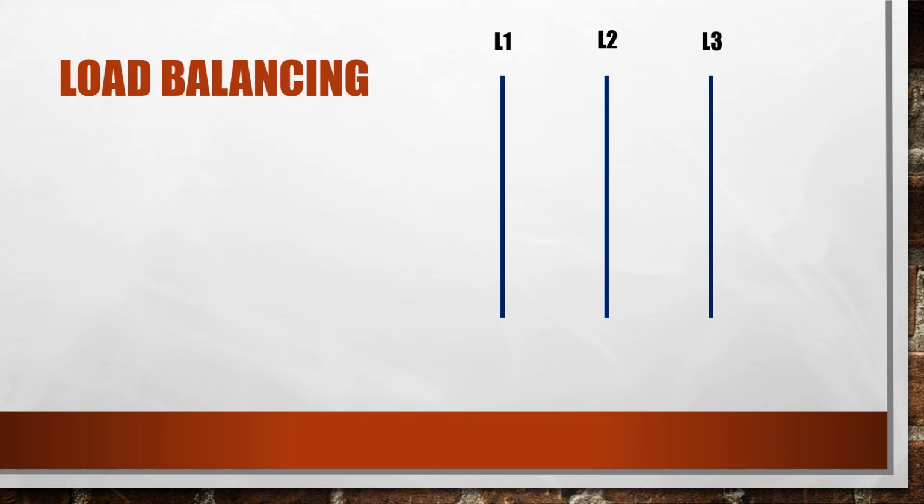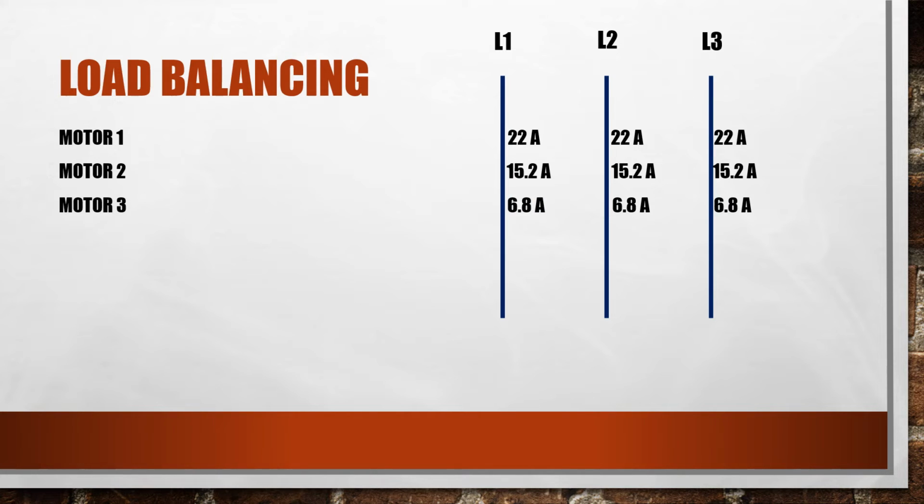So if you are going to balance the motor loads for phase 1, phase 2, and phase 3, L1, L2, L3, for motor 1, we have 22 amperes in all phases. Motor 2, 15.2 amperes in all phases. Motor 3, 6.8 amperes in all phases. Motor 4, we have 28 amperes; we will put it in L1 and L2 only because this is single phase.